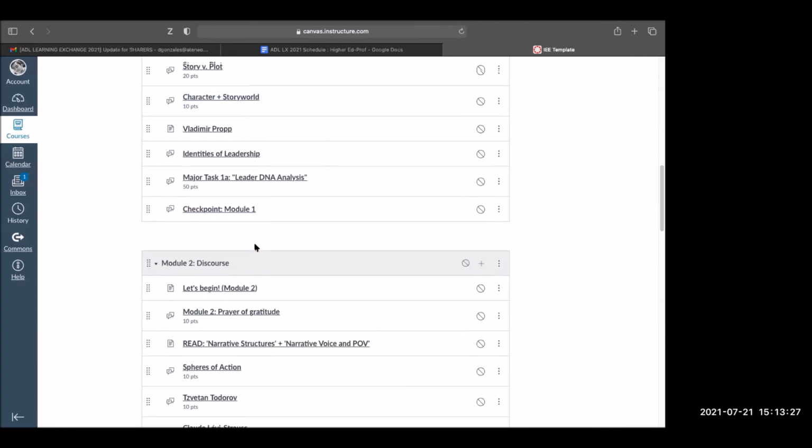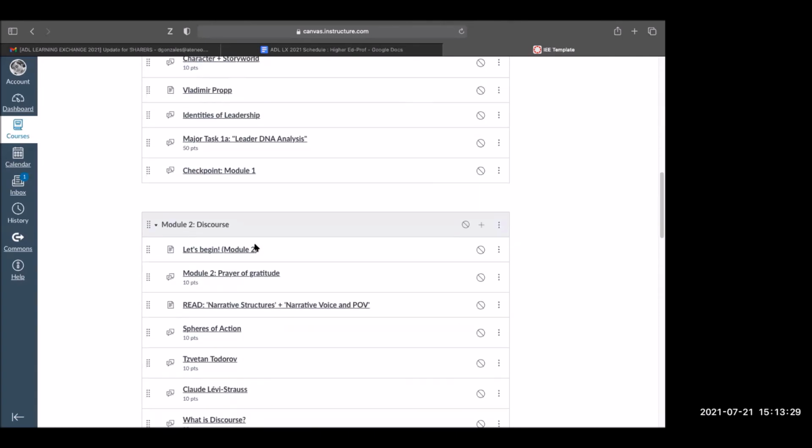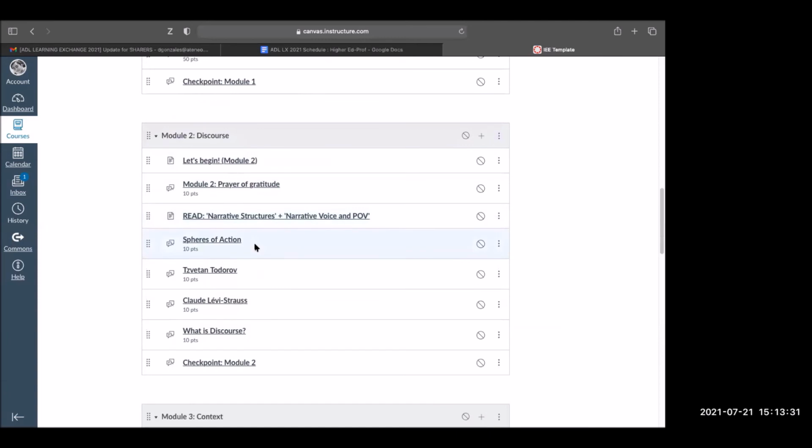Pagdating po ng aking module 2, which is the week after ng module 1, meron din po akong discussion boards, pero mga 10 points lang. In other words, mas madali lang yung task. Like, they need to share a picture or brief answer lang to the classroom discussion question.